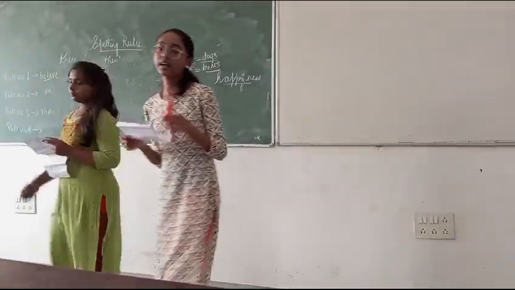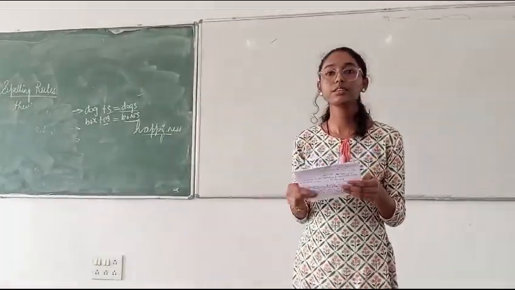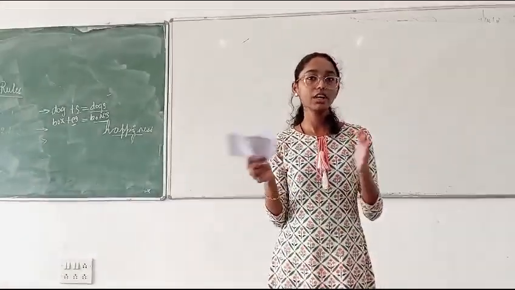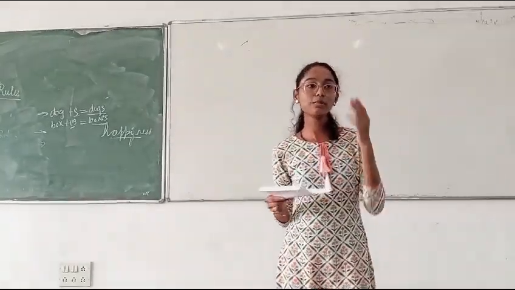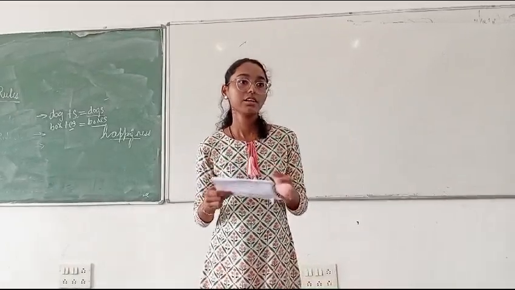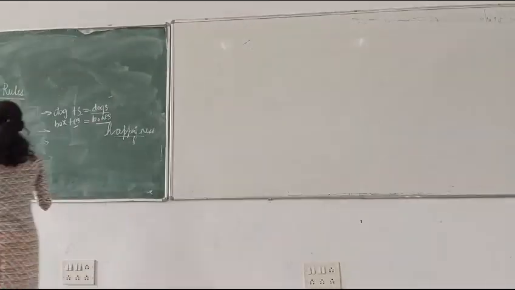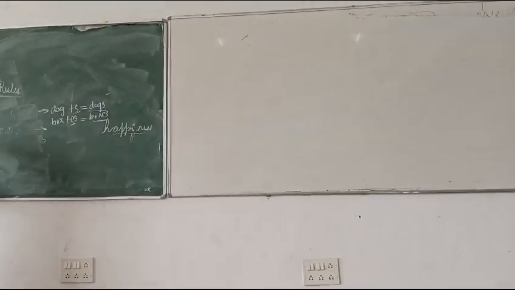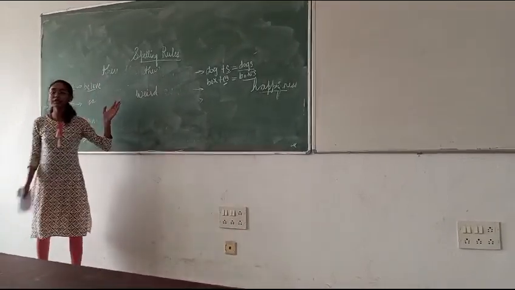Now, if we have a glance at all these words, there are still certain words which don't follow these rules. I think you all might have some words which popped into your mind which go against these rules. For example, if I take, can anybody think?